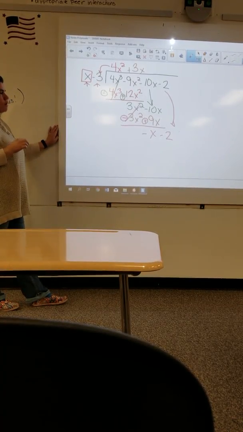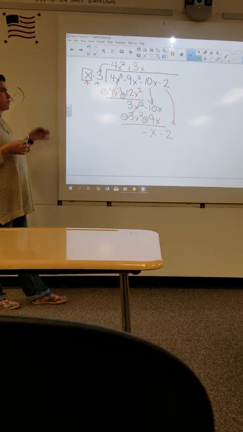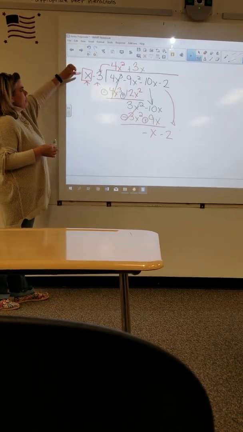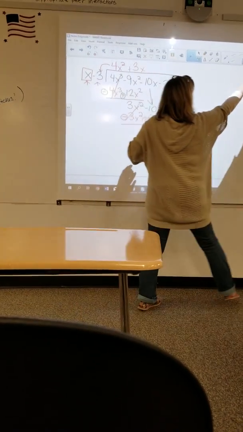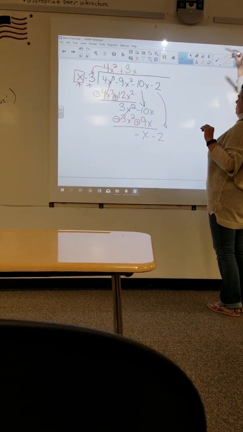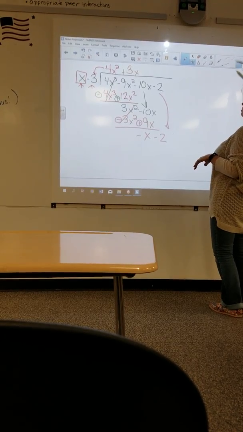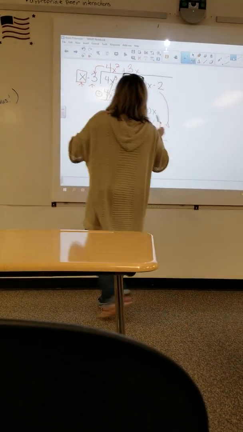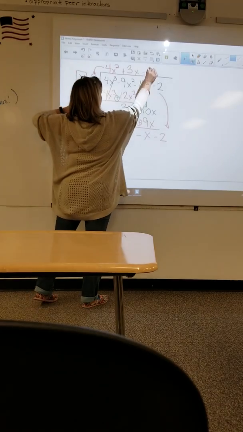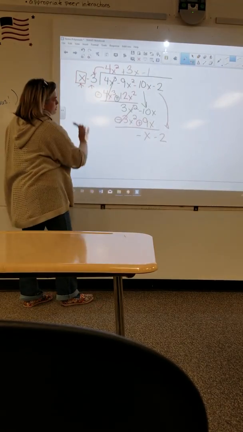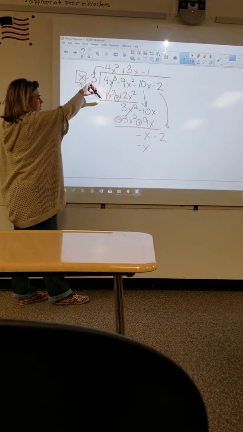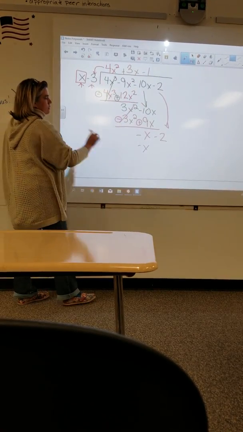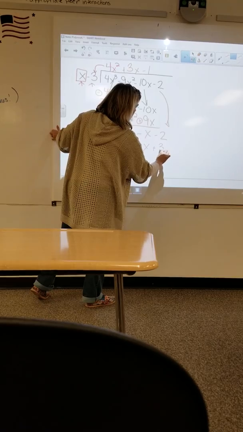Now remember, leading terms only. So how do I match x with negative x? I'm running out of colors. So negative 1. Negative 1 times x gives me a negative x. And negative 1 times negative 3 gives me plus 3.